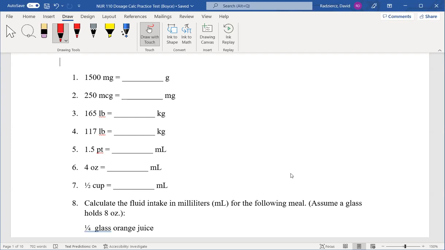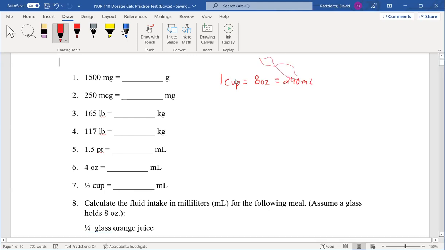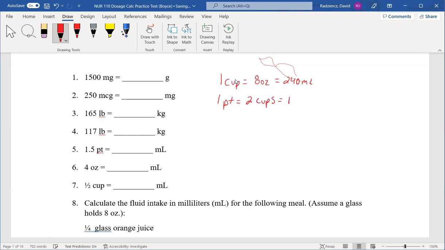Yeah, you need to use what you're using in nursing. So here, I'll write these out so you have them, because it should already be known to you. You should know that 1 cup is the same thing as 8 ounces, which is the same thing as 240 milliliters. And 1 pint is equal to 2 cups, which is equal to 16 ounces, which is equal to 480 milliliters.